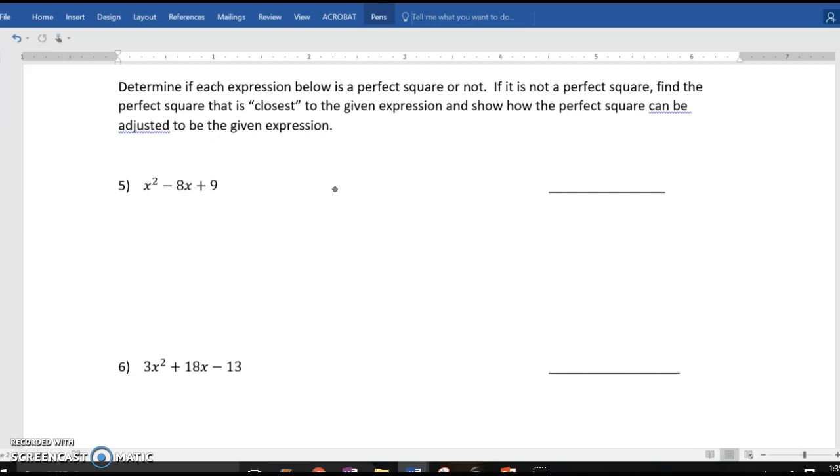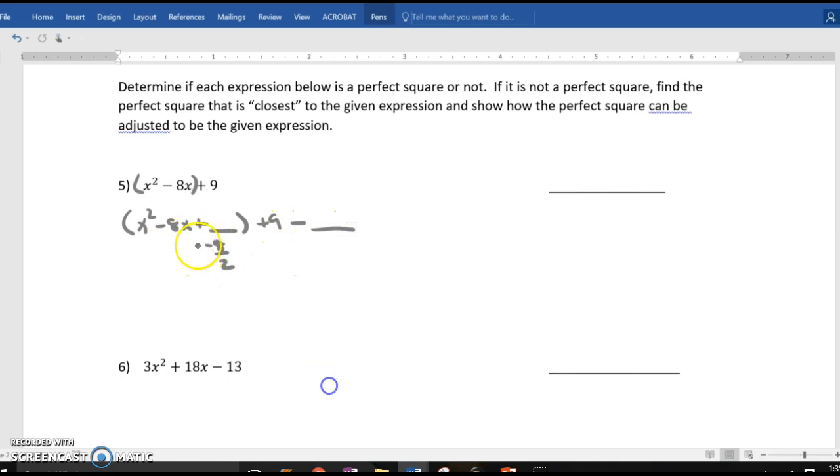Okay. Number 5, determine if they're perfect squares. If it is not a perfect square, find the perfect square that's closest, meaning we're completing the square. So I take half of b squared, does not give me 9, so I know I have to complete the square. X squared minus 8x plus some number. That's going to complete the square there. And then whatever I add, I have to subtract.